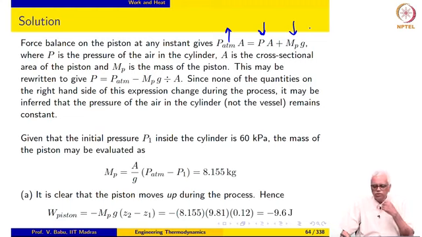Okay. So, if we rewrite this, then we can get an expression for the pressure at any instant in the cylinder in terms of other quantities. Now, notice that the quantities on the right hand side all remain the same.